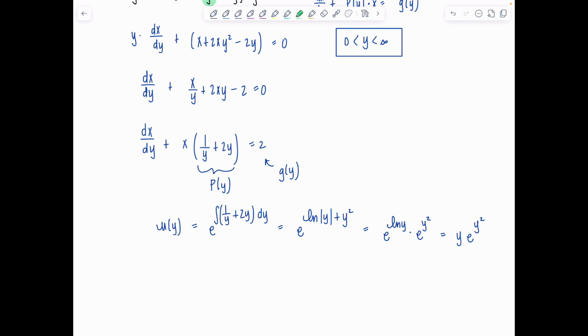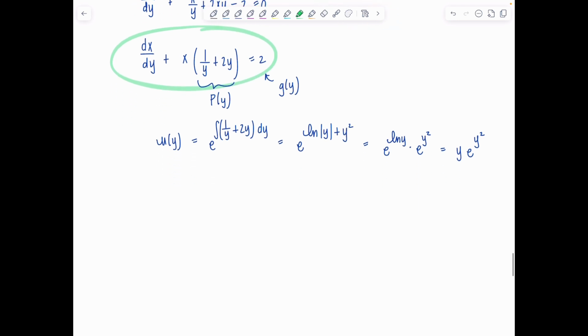Okay, come through, multiply this by the integrating factor. So we've got dx/dy, y e to the y squared plus, I'm going to run this y through this quantity so it cleans up. So I'll just have x times e to the y squared and then already multiply the y through there. Do you know what I mean?